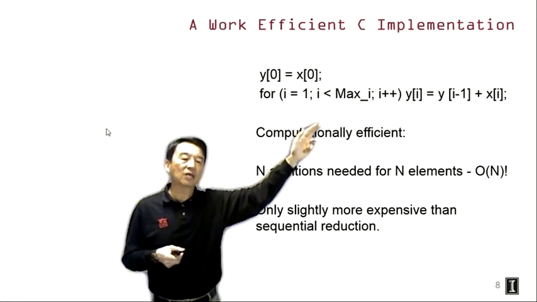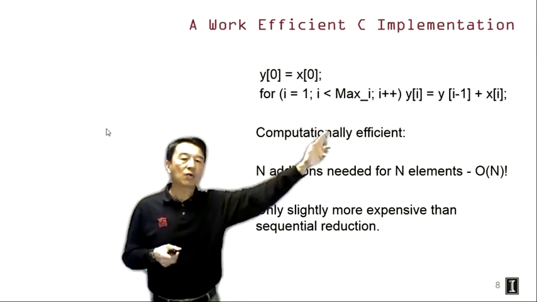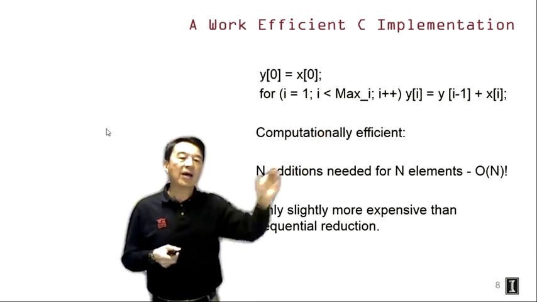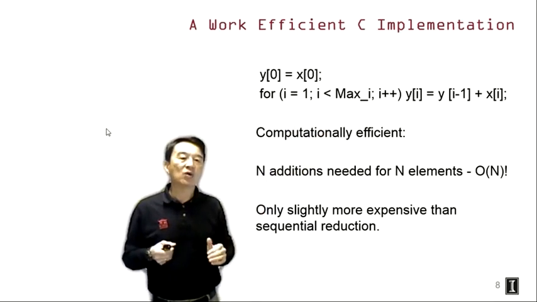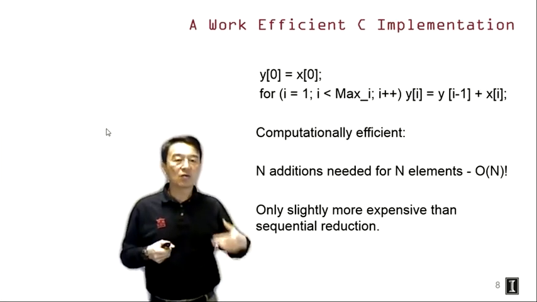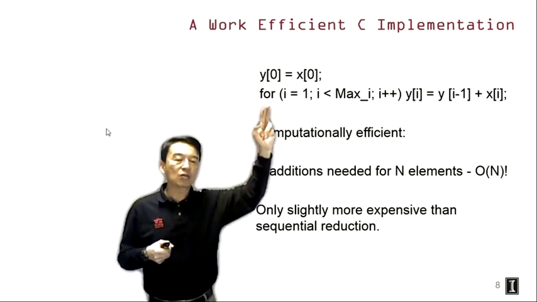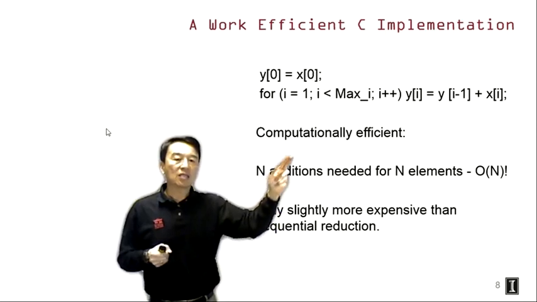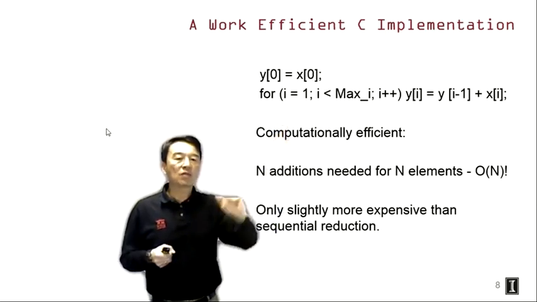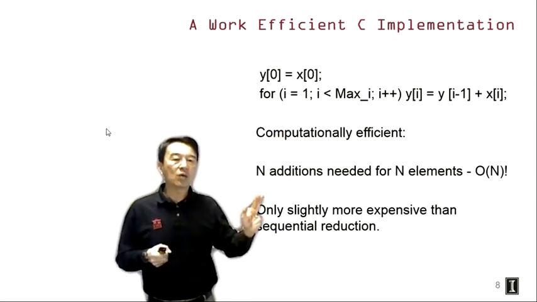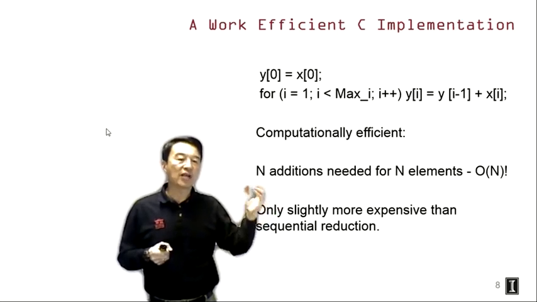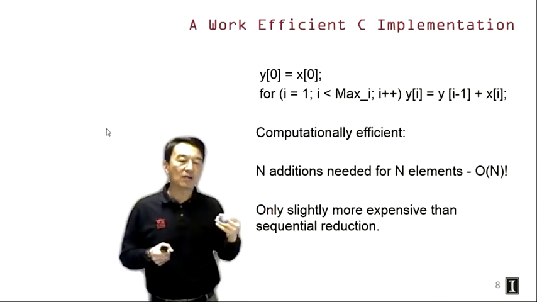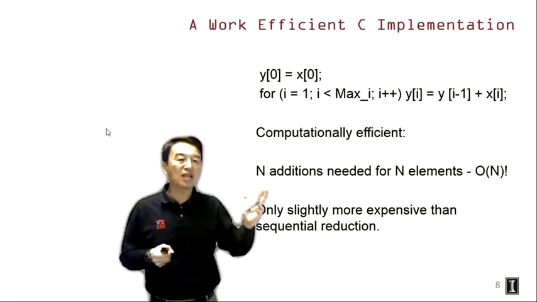For each iteration, we calculate yi by adding yi-1 to xi. This gives us a very simple iterative method for generating all the yi values. And this method is extremely computationally efficient because we only need to do n additions for n input elements. So this is an order n linear algorithm.